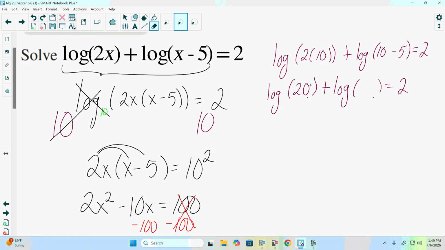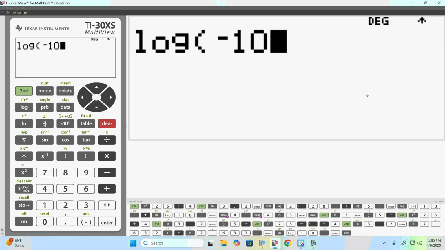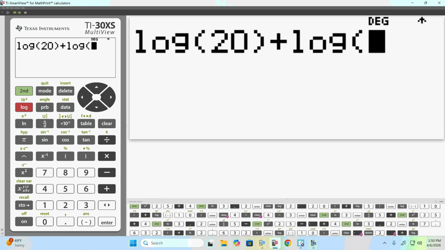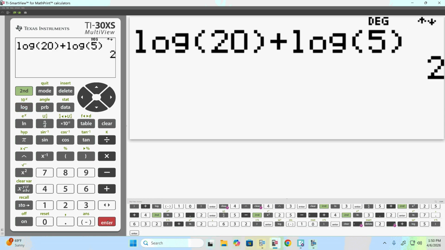Now in the first one, 2 times 10 gives us 20, so we have log of 20. In the second one, 10 minus 5 is 5. So we're looking at log of 20 plus log of 5. Log of 20 plus log of 5 is 2, which is what we wanted it to equal.